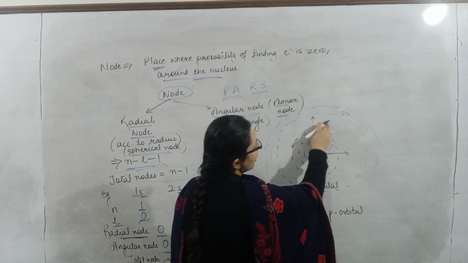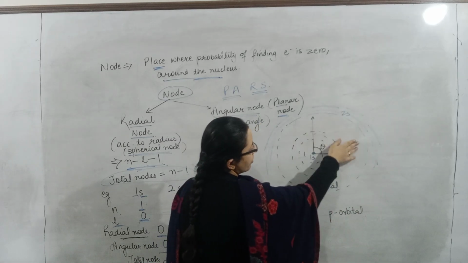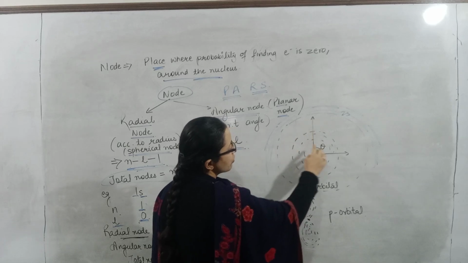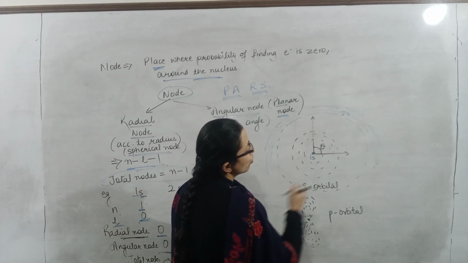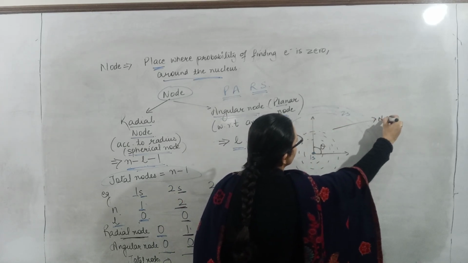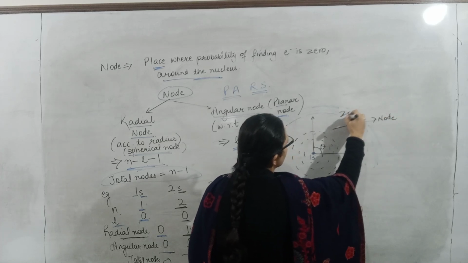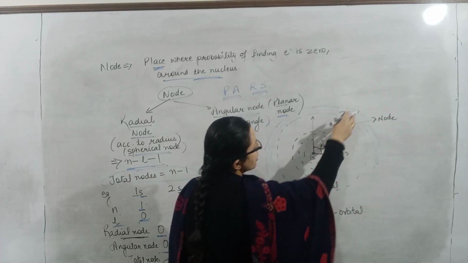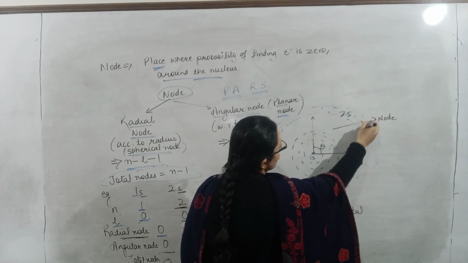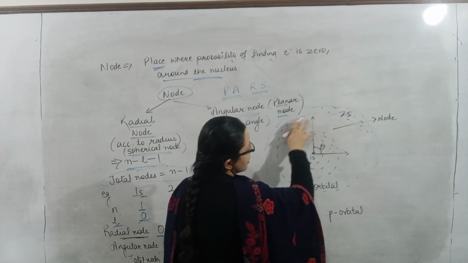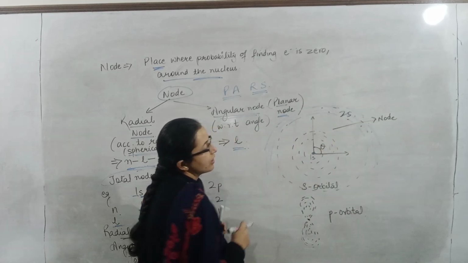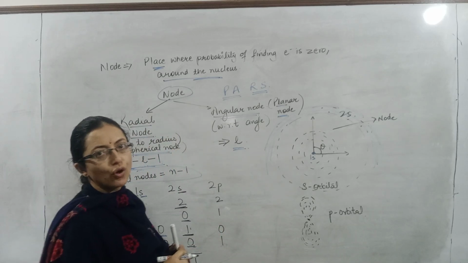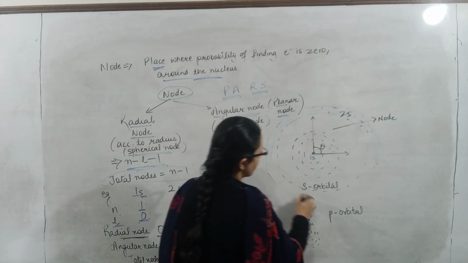So in between there is this spherical node, a region of sphere between 1s and 2s where there is no electron density. So this is 1s orbital and this represents 2s orbital. So in between the two there is this spherical region where there is no electron density. We call it as a node.